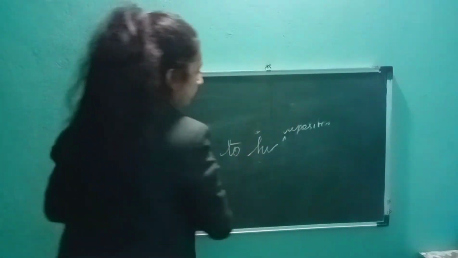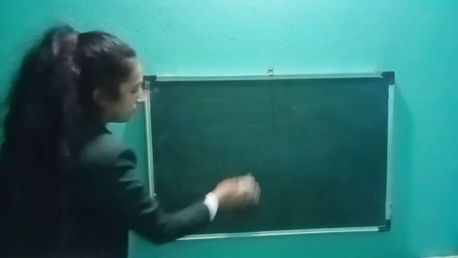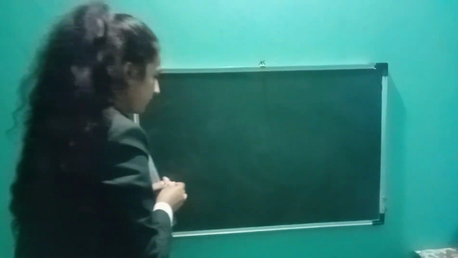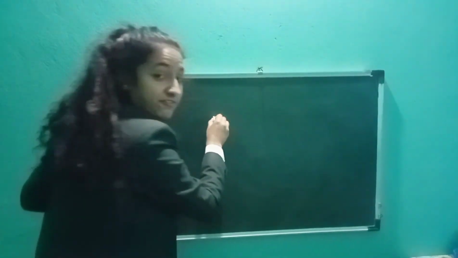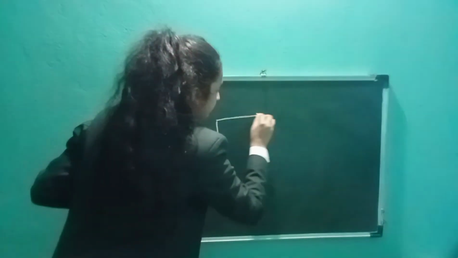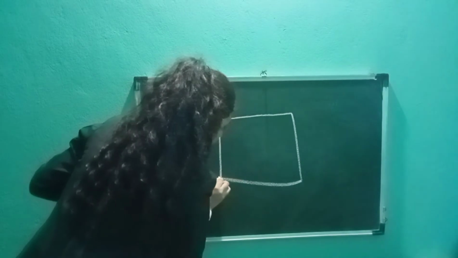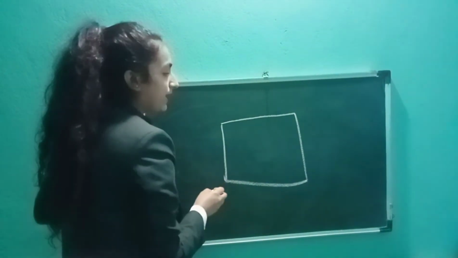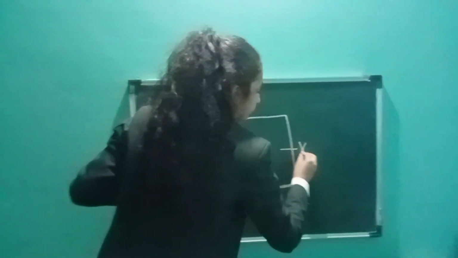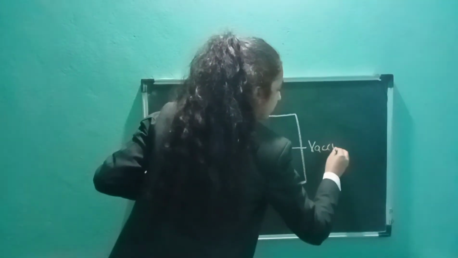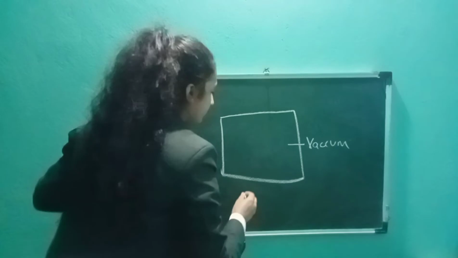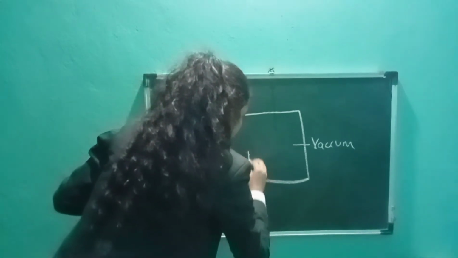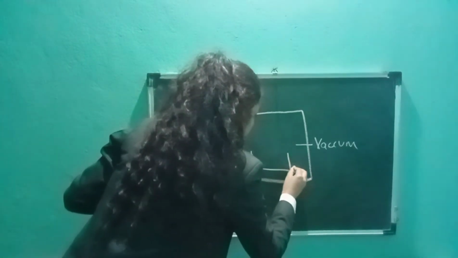So, let us see with the help of a diagram. For the process of thin film deposition, we need to take a chamber, and this chamber should be vacuum. There should not be any air molecules. Okay, it should be vacuum. And we need to take a material inside this chamber.